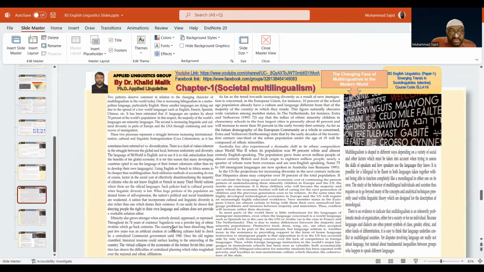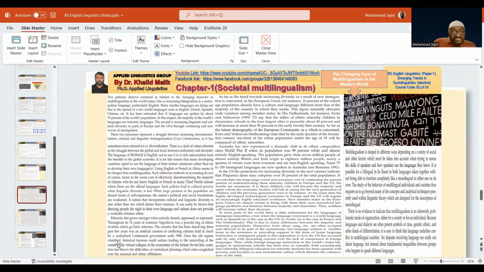Throughout its 74 years of existence, Yugoslavia was a powder keg of ethnic rivalries which go back centuries. The country that has been dissolving these past few years was an artificial creation of conflicting cultures, held in check by a centralized communist government until 1980.